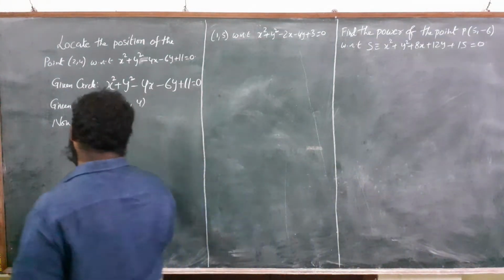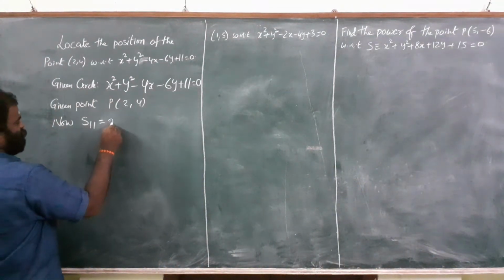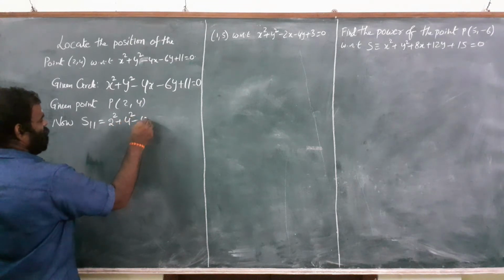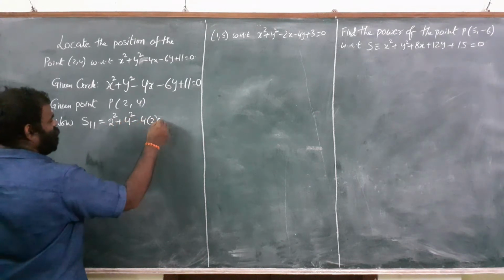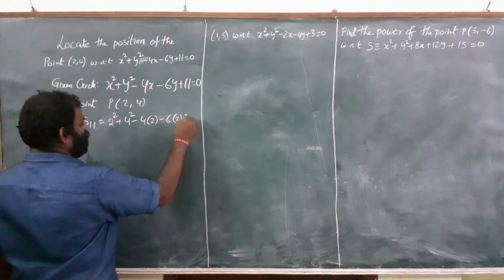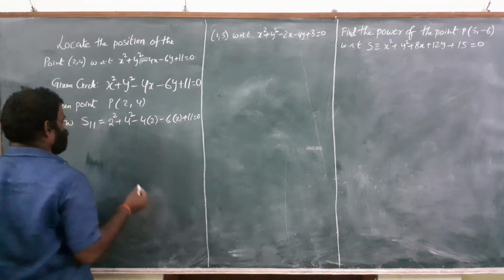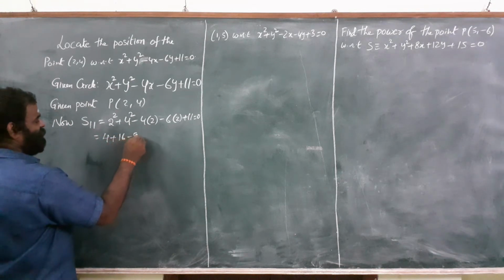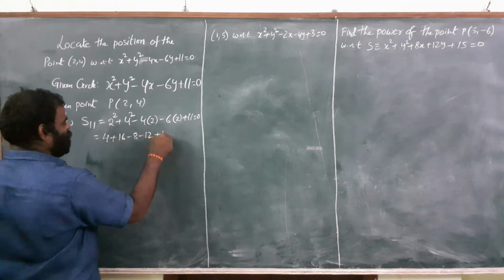Here x is 2, so this is 2 square plus 4 square minus 4 into 2 minus 6 into 4 plus 11. So this is 4 plus 16 minus 8 minus 24 plus 11.